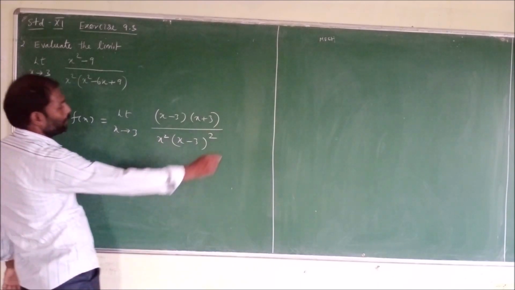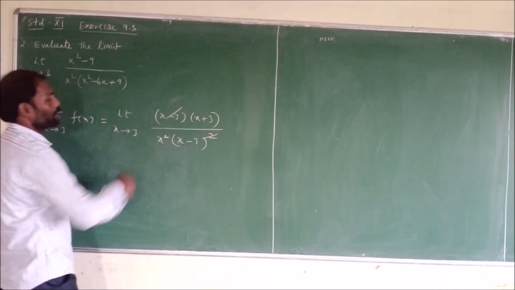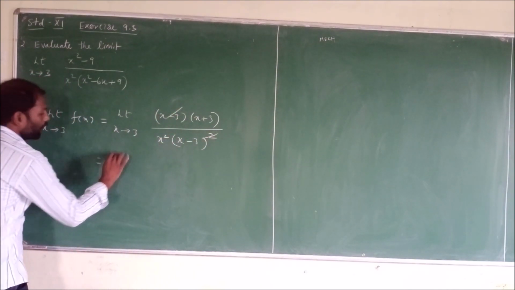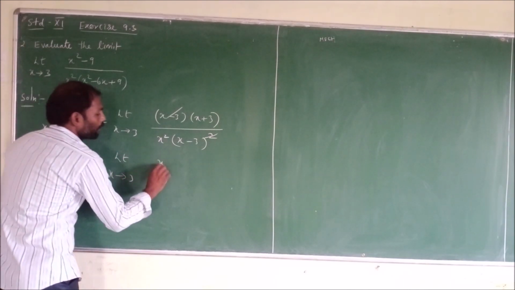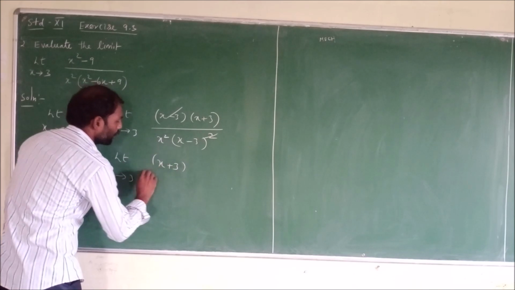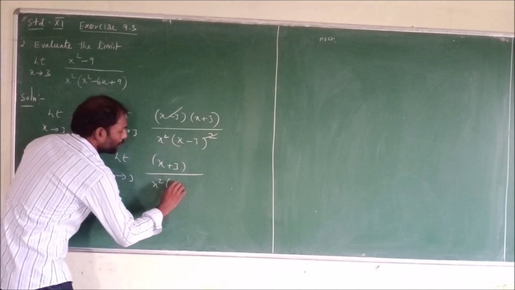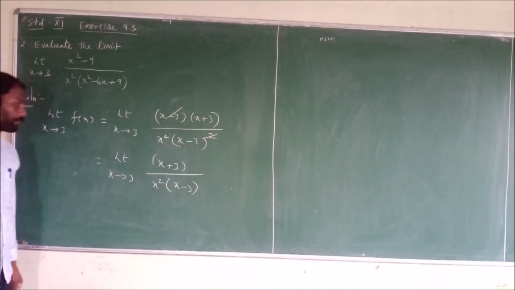After that, we eliminate the common term x minus 3. Then f of x changes into limit x tends to 3 of x plus 3 divided by x square into x minus 3.